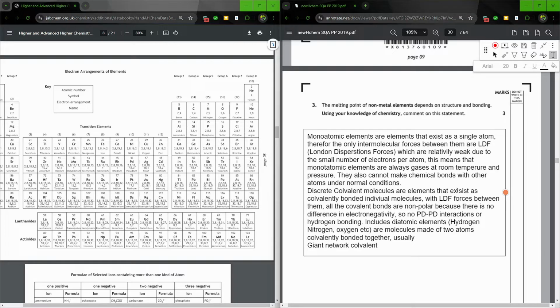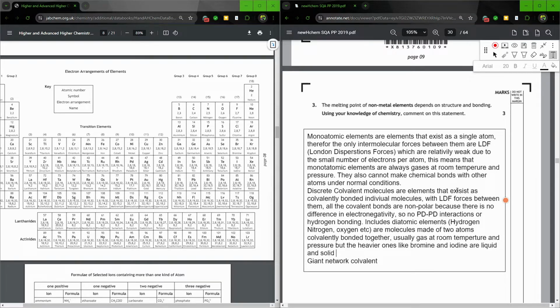Usually gas at room temperature and pressure, but the heavier ones like bromine and iodine are liquid and solid, respectively, because bromine is liquid at room temperature and iodine, I believe, is solid at room temperature and pressure.